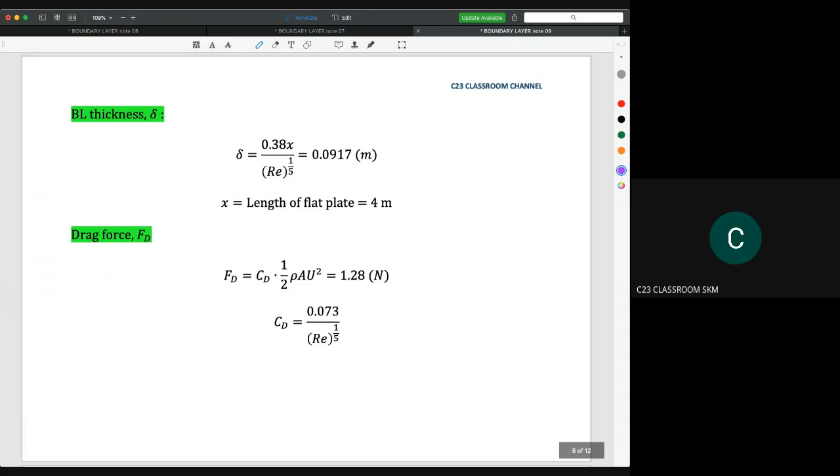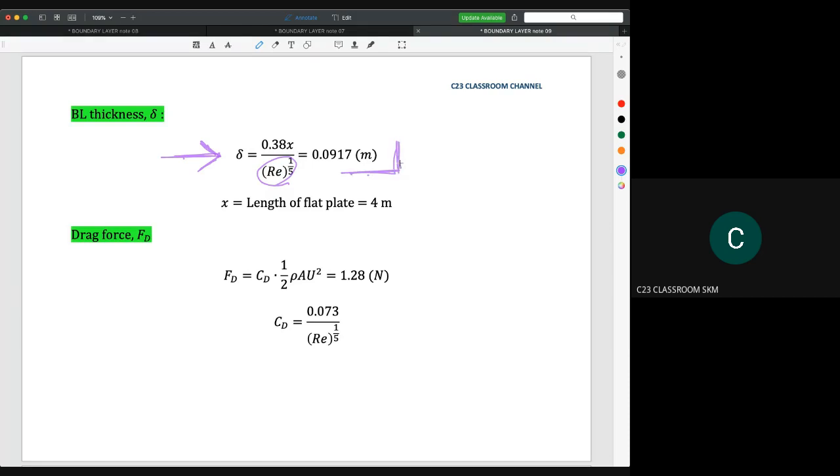And then as I said, we just use the value of delta from the 1/7 power law. You could refer to any textbook or just refer to my previous notes. We discussed how to get the value of delta from the 1/7 power law. Then we substitute the value of length for the Reynolds number here. So we get delta is 0.0917.